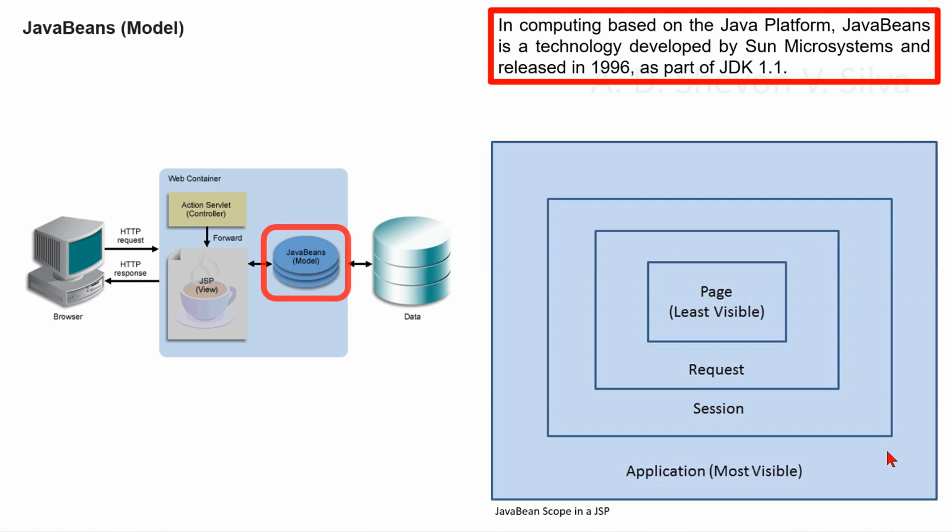You can declare a bean with session scope. Application scope. Application scope is the widest and most visible scope. A bean declared with the application scope is visible to just about any servlet or JSP in the whole application context, across user sessions.